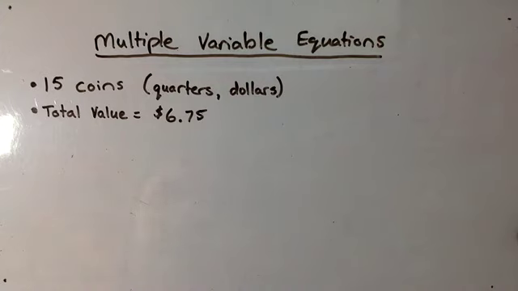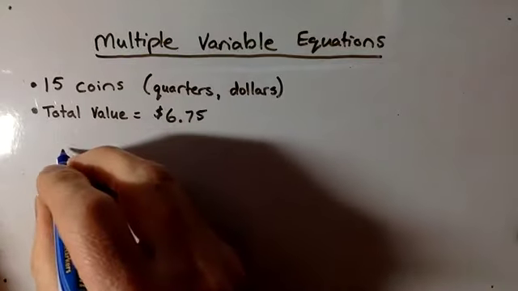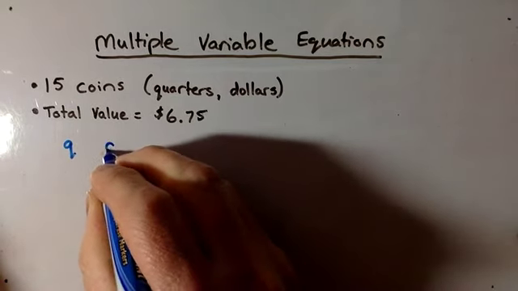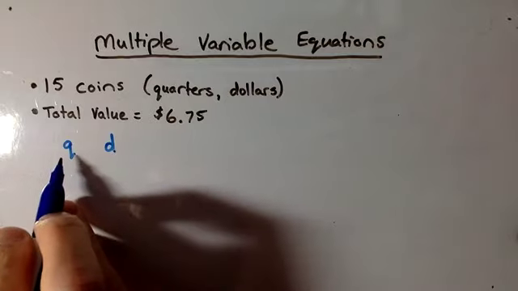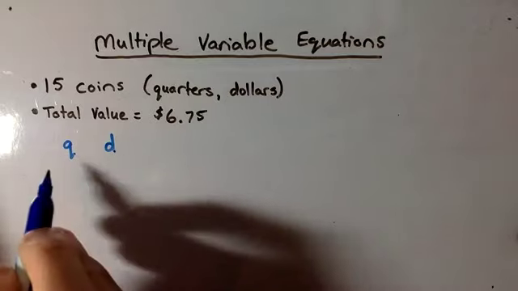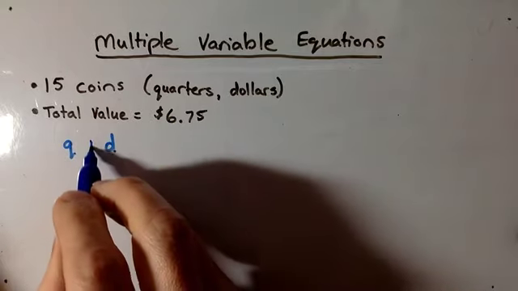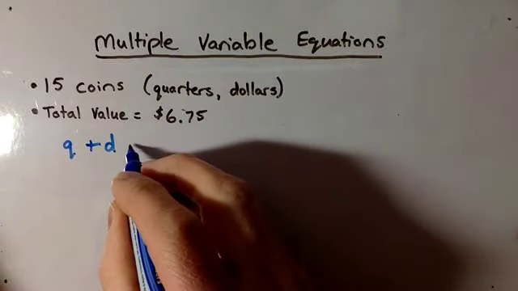We do need two variables this time, so we can't use n. I find it easier to use letters that go along with what we're looking for. So if I use Q for quarters and D for dollars, we know that if I add all of the quarters together, not the value of them, just the actual coins, with all the dollars, we're going to have a grand total of 15 coins.